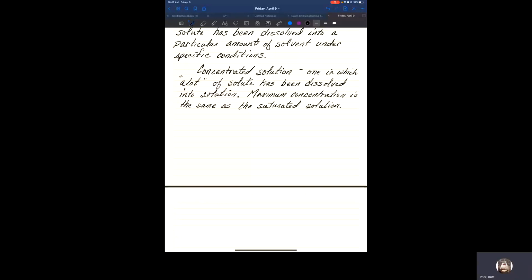It is entirely possible to have a concentrated solution that is not saturated.